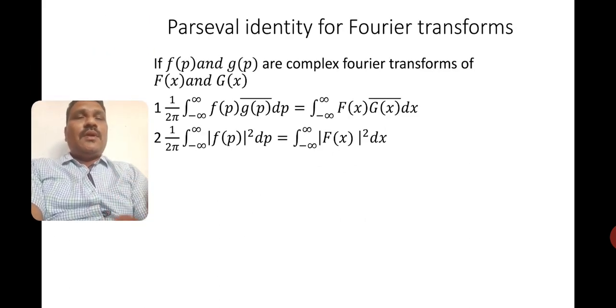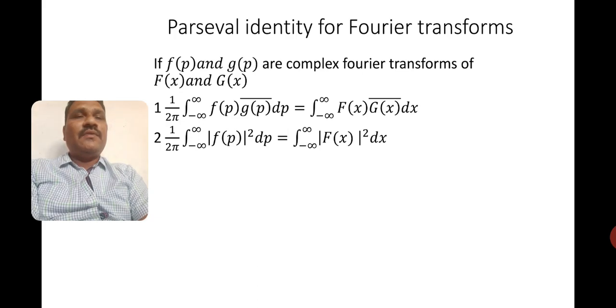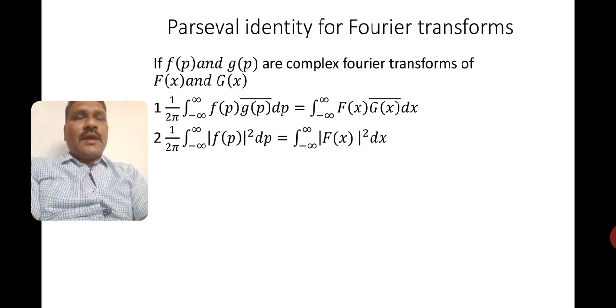This is the most important theorem, I feel. If capital F of p and capital G of p are the complex Fourier transforms of f of x and g of x, then first, 1 by 2 pi integral minus infinity to plus infinity F of p G bar of p dp is equal to integral minus infinity to plus infinity f of x g bar of x dx.